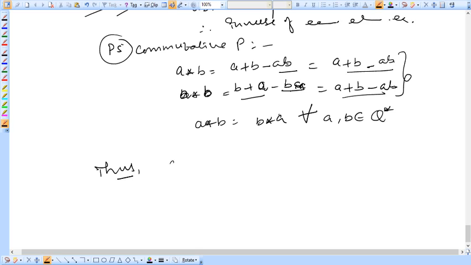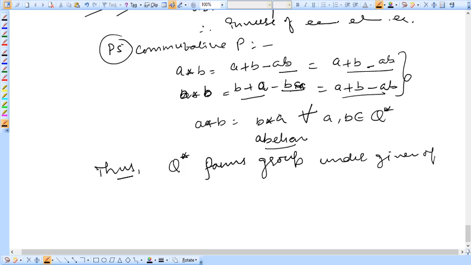Thus Q star forms a group, not only a group but an abelian group under the given operation.